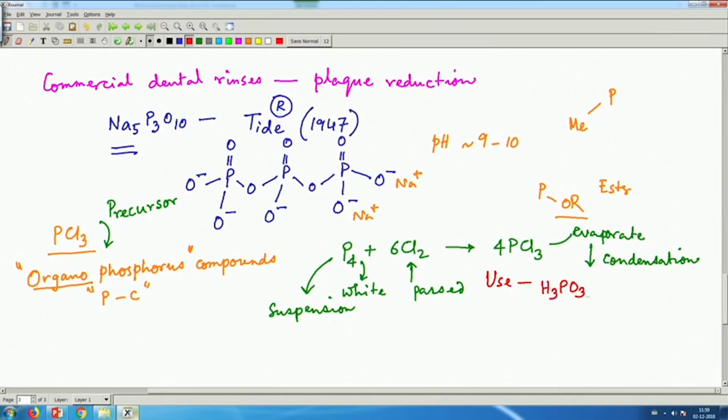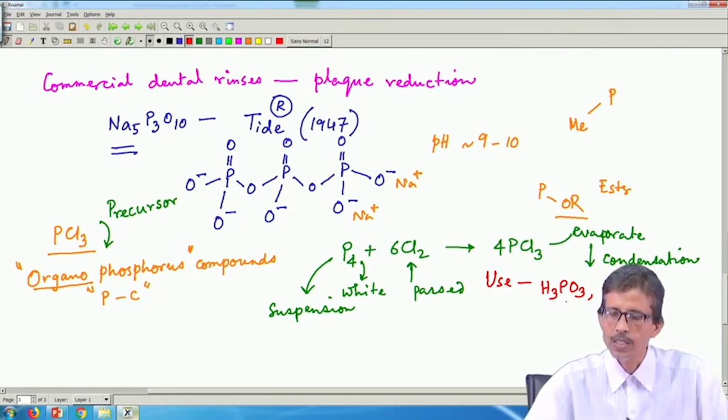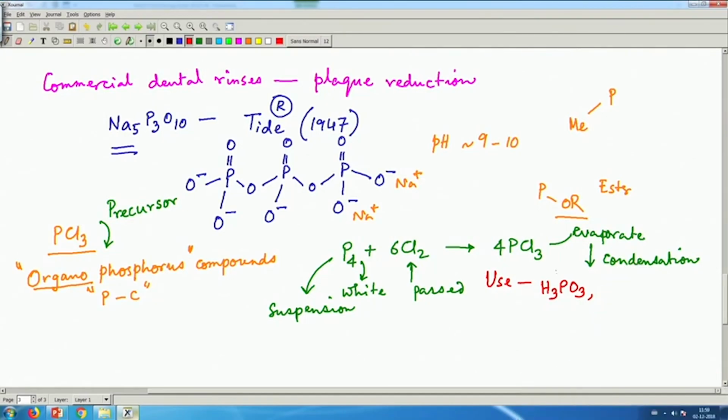We have not considered this particular acid in detail. We have considered phosphoric acid, but this is phosphorous acid, where the phosphorus oxidation state is +3. Then we can make POCl3, which is another very useful reagent for laboratory purposes, and for industrial purposes also, for making phosphoric acid and the acid chlorides of fatty acids, and even for making different organic chemicals.